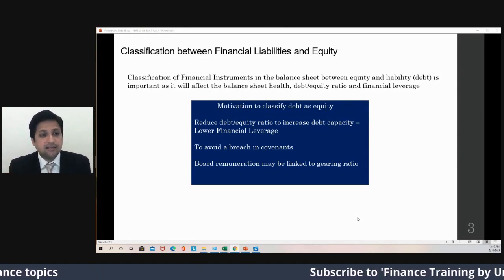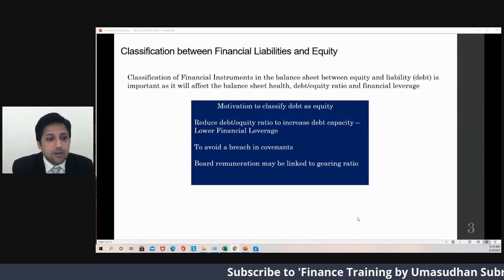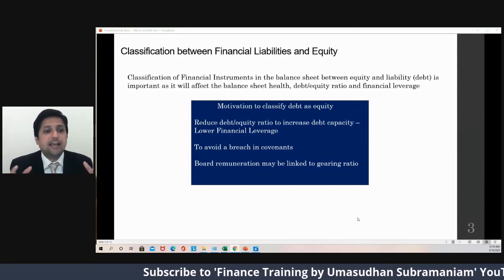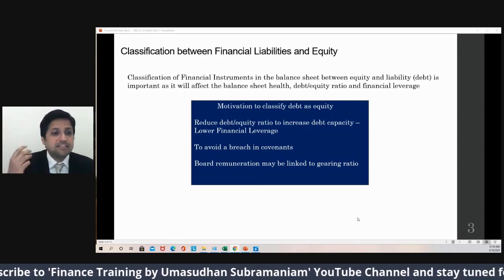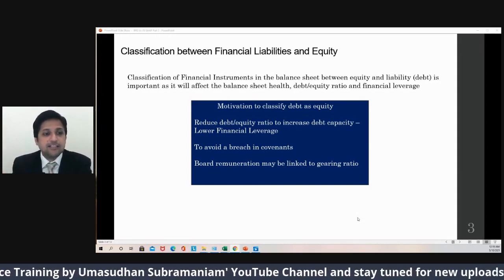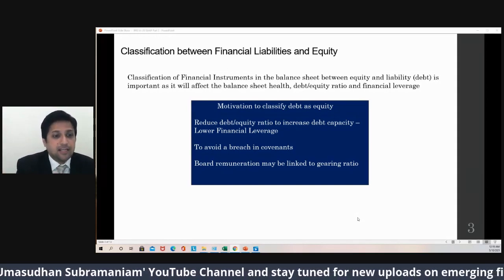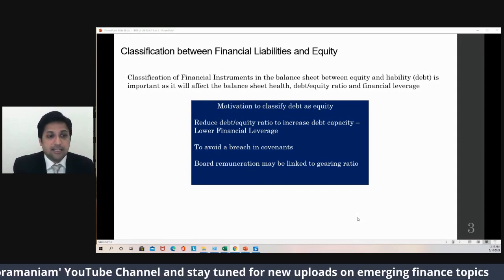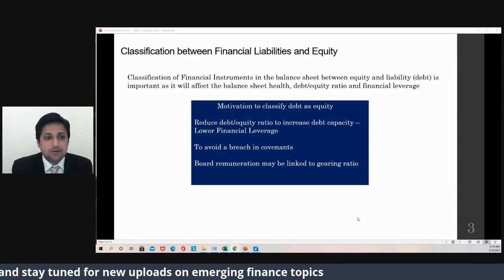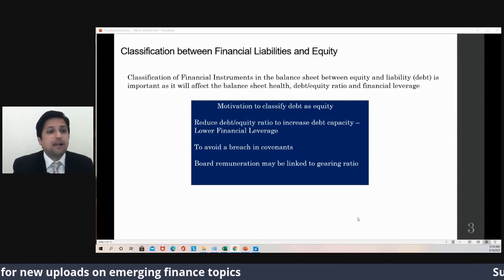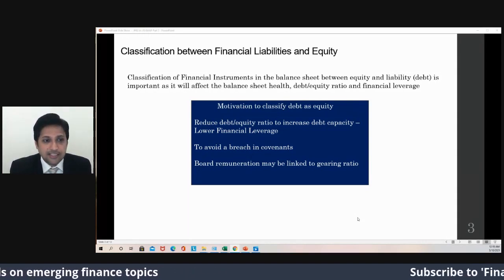On the other hand, in order to avoid a breach of financial covenants, a company may be motivated to misclassify a financial liability into an equity instrument. In some cases, maybe the board remuneration could be linked to the balance sheet health of an organization.